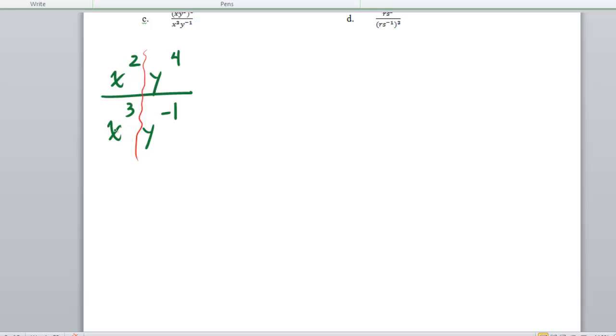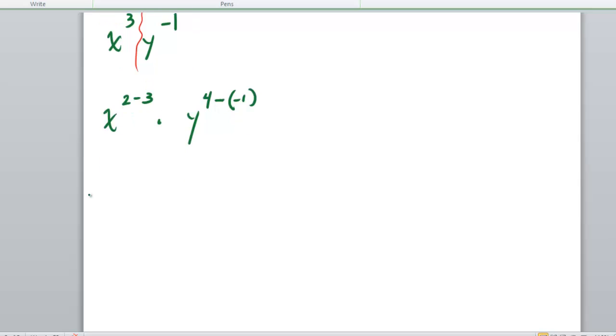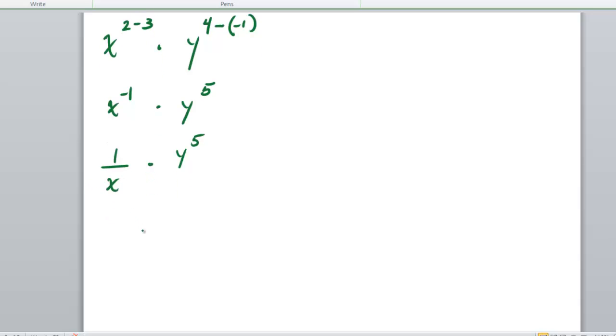So the x's have the same base and division is subtraction, and the y's are the same base, so it's subtraction again, and then that's going to be x to the negative 1 times y to the 5th power, and of course x to the negative 1 should be written as 1 over x to the 1st power, and then when we finish this we simply have y to the 5th over x as our final reduced term.